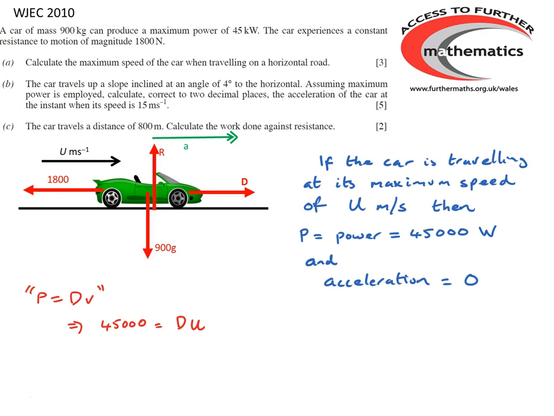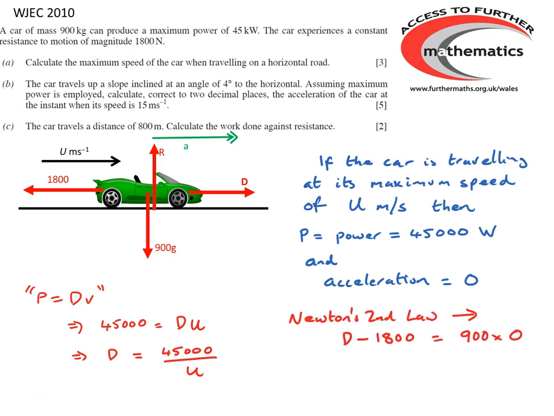Well, we know that P is D times v, so we've got the driving force of the car times u. P must be 45,000. Remember, we must use SI units, so 45 kilowatts becomes 45,000 watts. So we have 45,000 equals D times u, so D must be 45,000 over u.